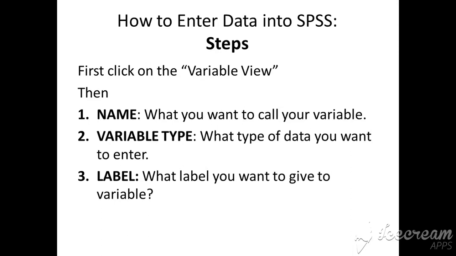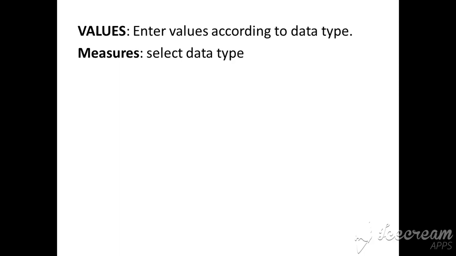The difference between the name and label is that in the label you can enter the detail. Let's suppose there is an item in a questionnaire and the item has a statement; in the label you can enter the whole statement. Then we have the values, which you can enter according to the data type.